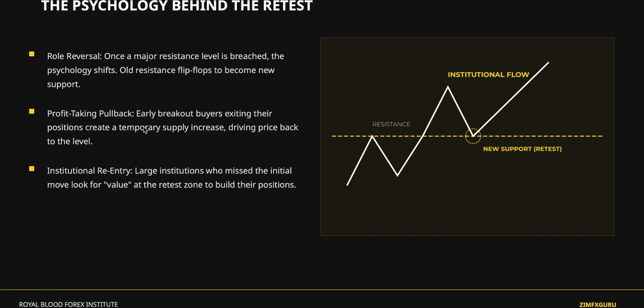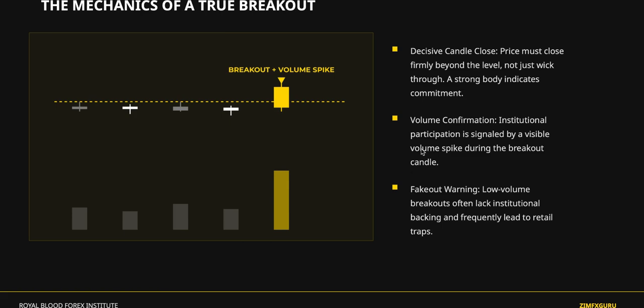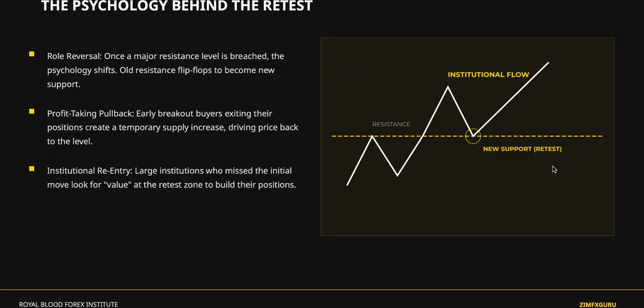So profit taking pullbacks: early breakout buyers exiting their positions create a temporary supply increase, driving price back to the level. When people entered the market, there were breakout traders among them. So once the breakout happened, at this particular level they take profit and close their positions.